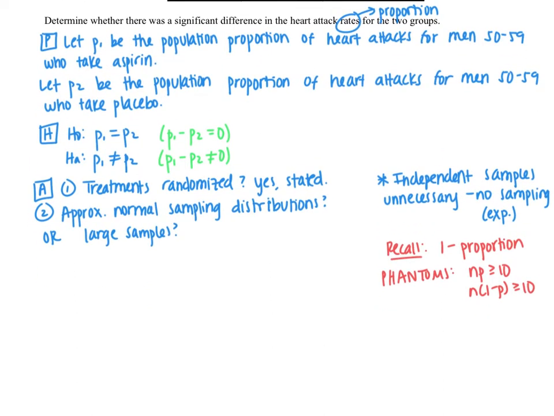And I don't know if we remember this, but when we did a confidence interval for one proportion, we didn't do n times p, we did n times p hat. And we had to use p hat, the sample proportion, because we didn't have p.